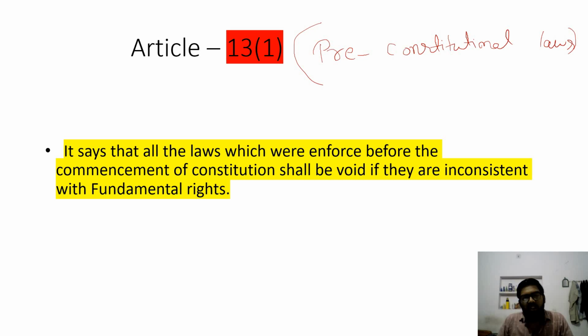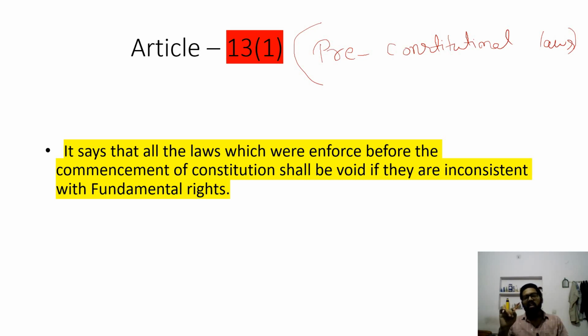So this article says that if any law which has been made in British India time is inconsistent, if that law is against fundamental rights, then that law will be totally void, totally nil. There is no validity of that law.